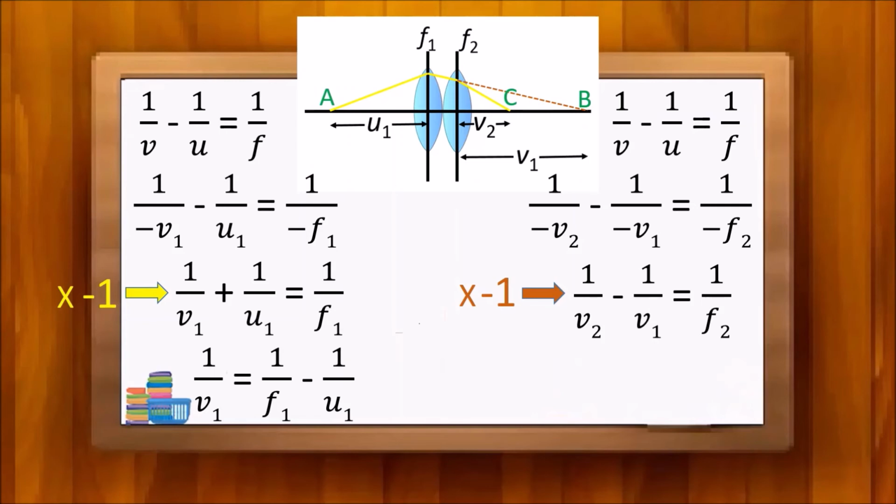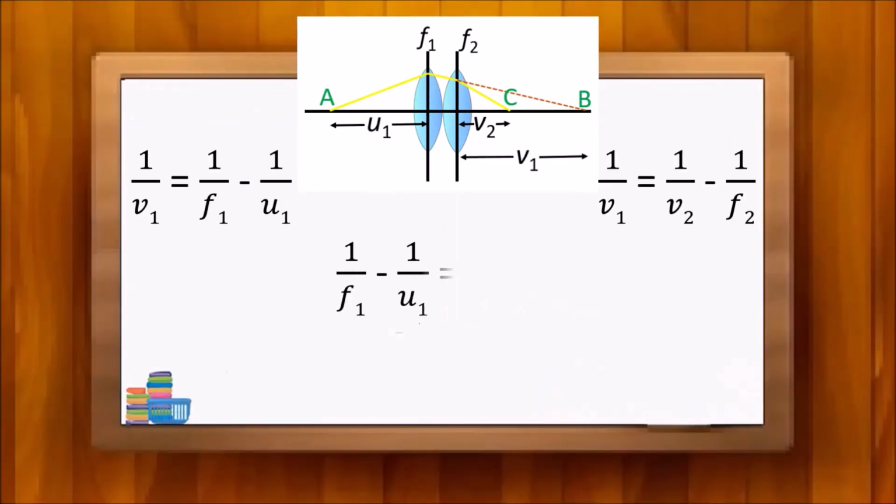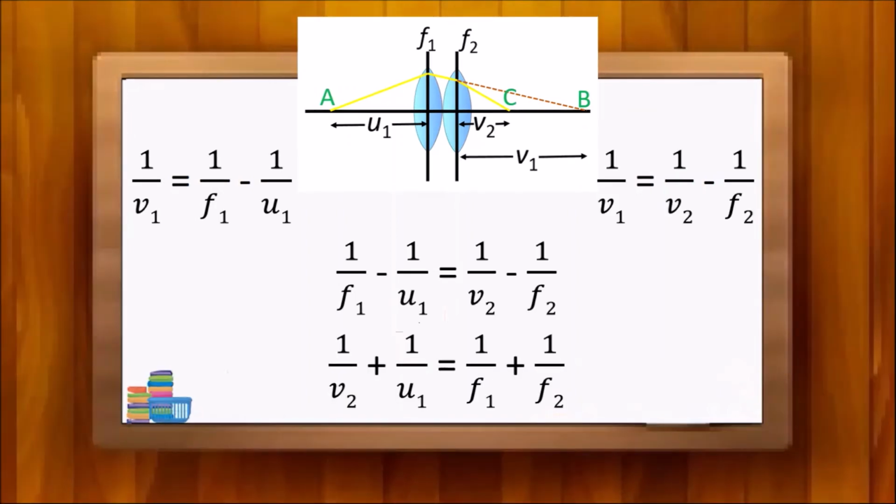It's 1 over V1 equals 1 over V2 minus 1 over F2. From each equation, 1 over F1 minus 1 over U1 equals 1 over V2 minus 1 over F2. Then we can have 1 over V2 plus 1 over U1 equals 1 over F1 plus 1 over F2.